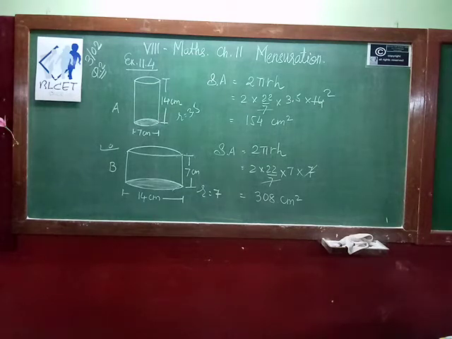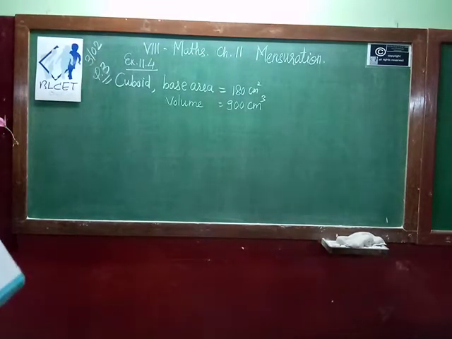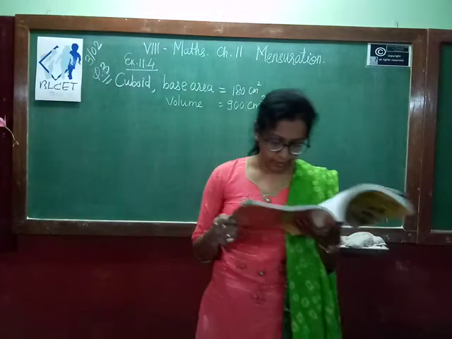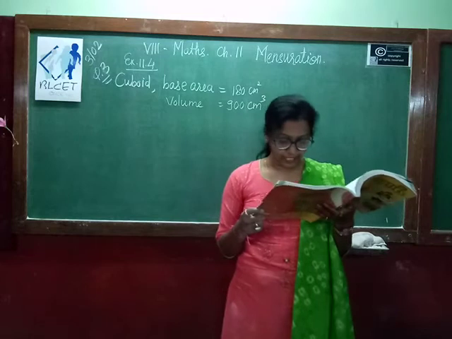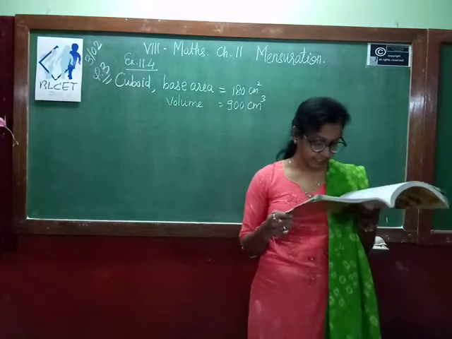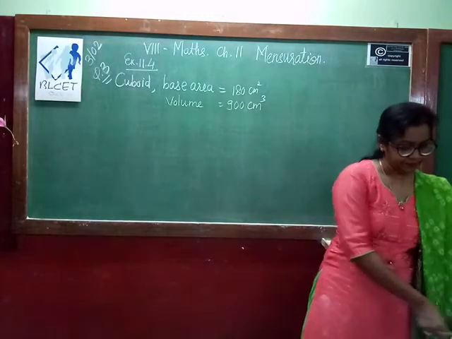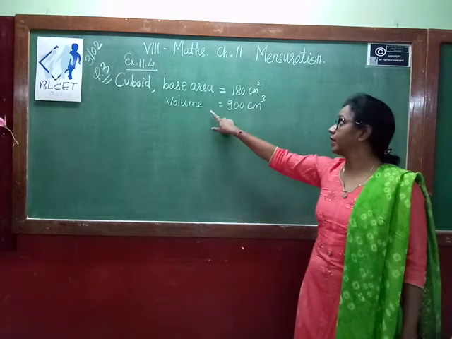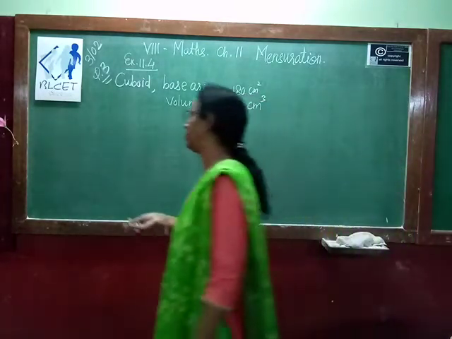Question number 3. See question number 3. Find the height of a cuboid whose base area is 180 cm square and volume is 900 cm cube. So what is given? Base area 180 cm square, volume is 900 cm cube.